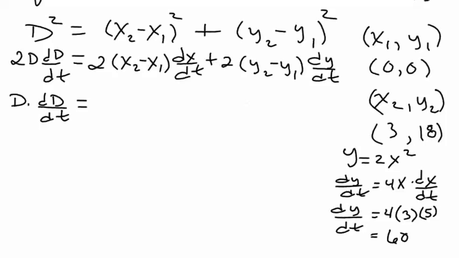So x of 2 is 3, x of 1 is 0. We could actually skip that step if we wanted to. dx over dt, they gave us that. That was 5, plus y of 2, that's going to be 18 minus 0, and dy over dt, which we got down here, was 60.